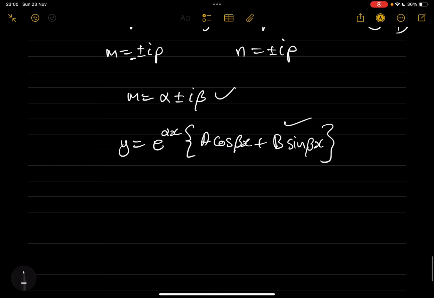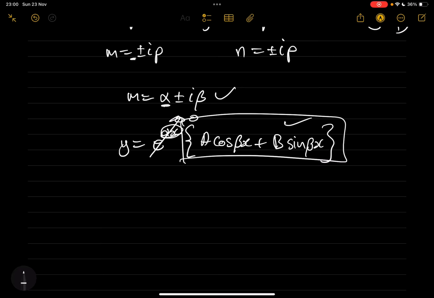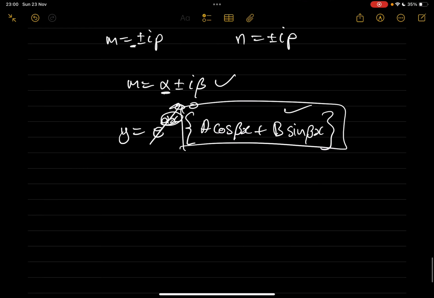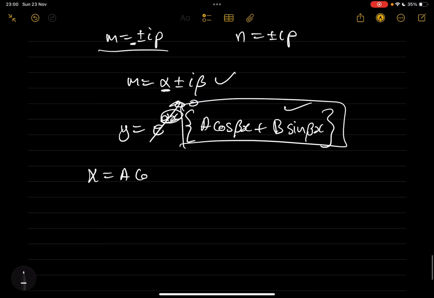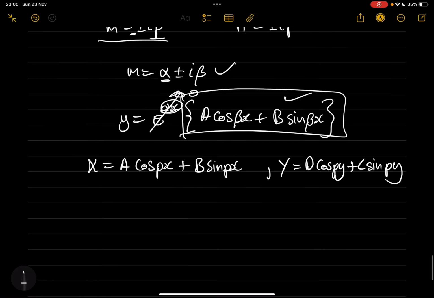But as you can see, alpha here is 0, so this exponential term is 1 and we're just going to evaluate this part. So x is going to be a cos px plus b sine px, and y is going to be d cos py plus c sine py.